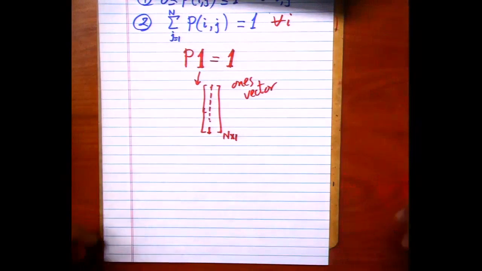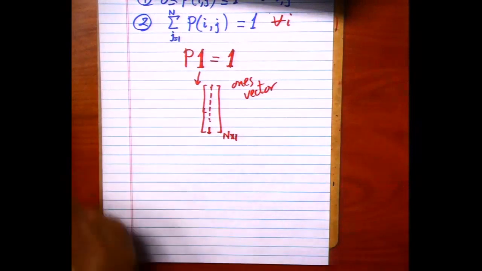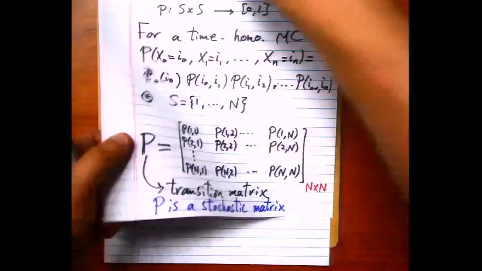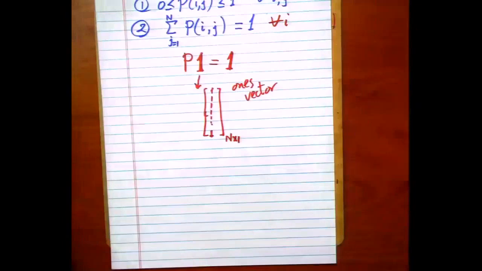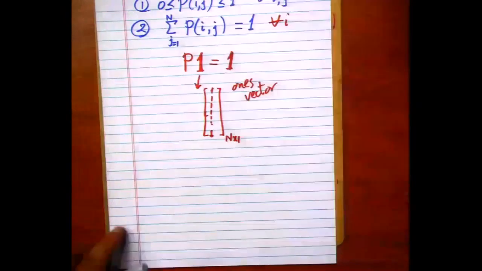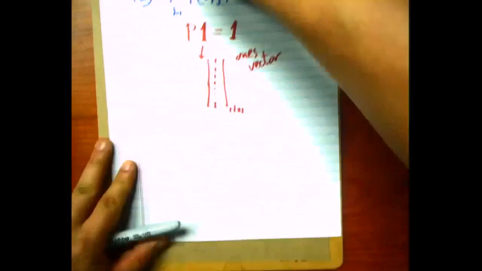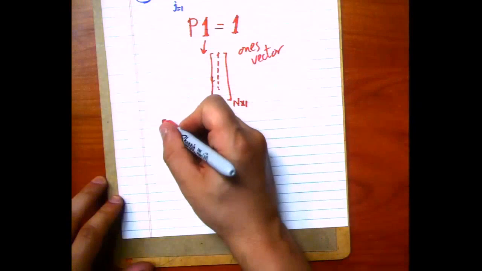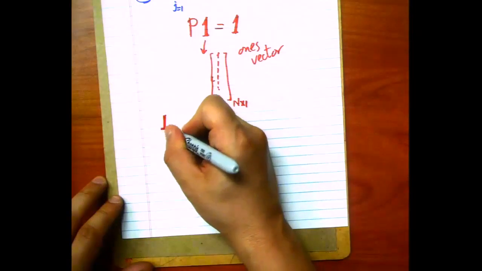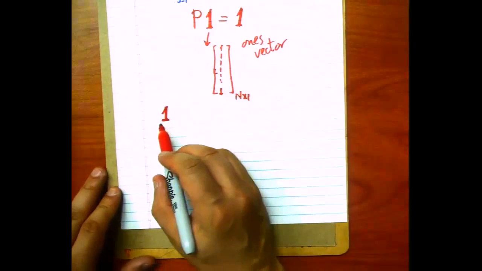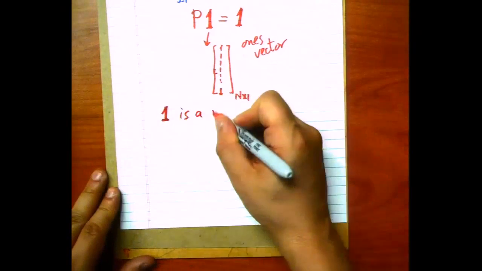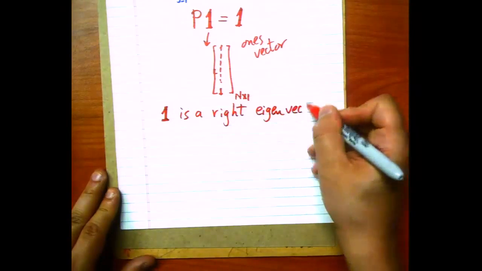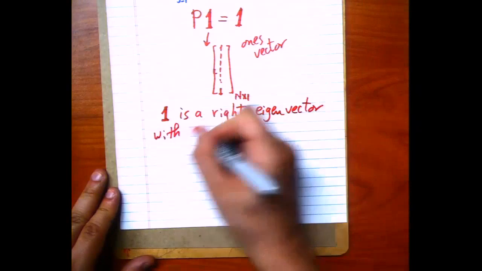What does this say to us in terms of linear algebra? Yes, you can say this ones vector is a right eigenvector, with how much is the eigenvalue here?